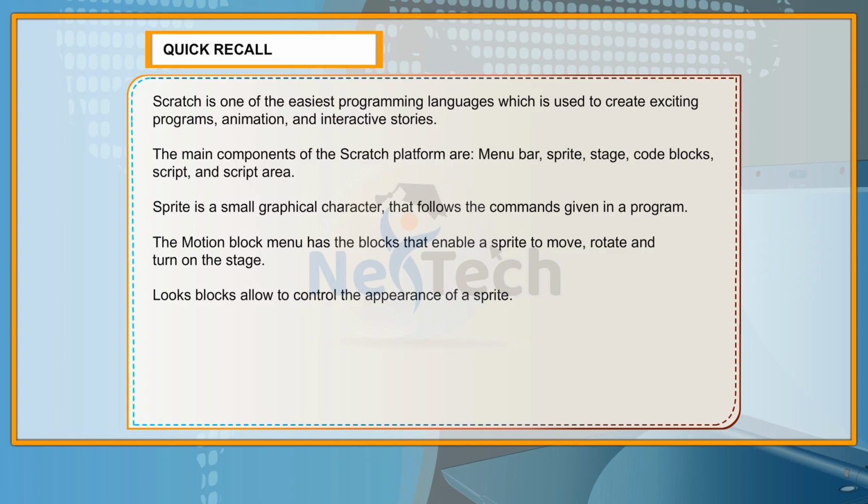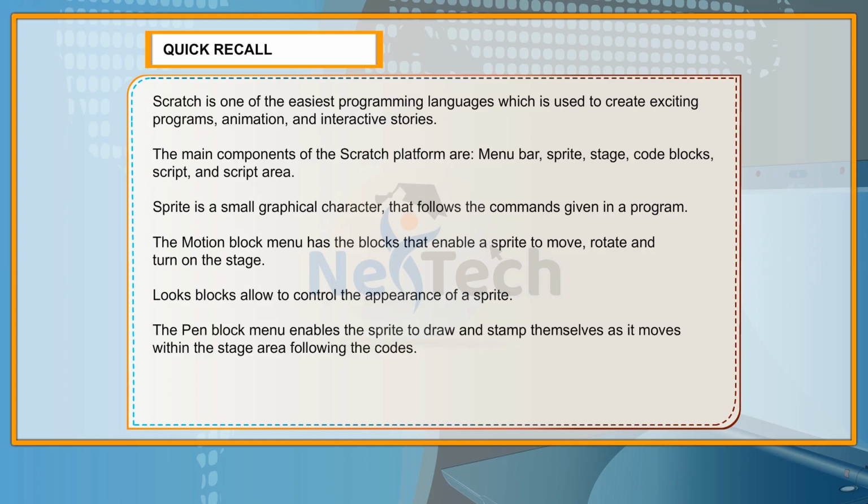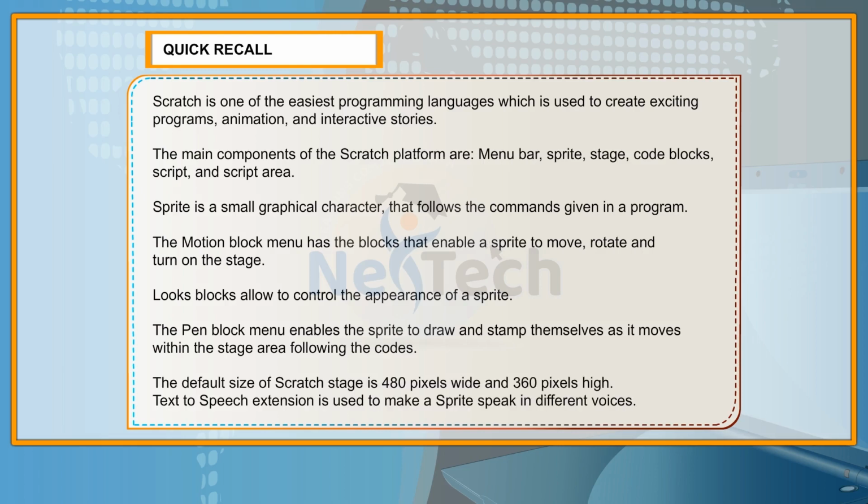Looks blocks allow you to control the appearance of a sprite. The pen block menu enables the sprite to draw and stamp themselves as it moves within the stage area following the codes. The default size of the Scratch stage is 480 pixels wide and 360 pixels high. Text-to-speech extension is used to make a sprite speak in different voices.